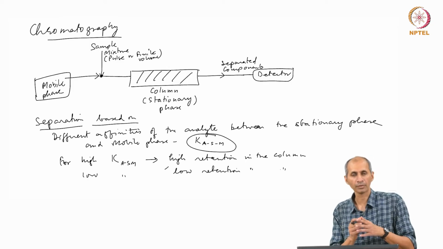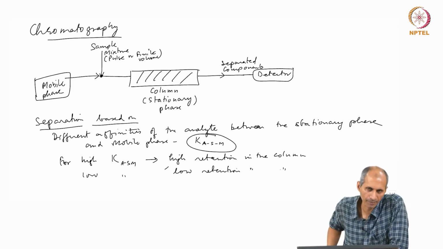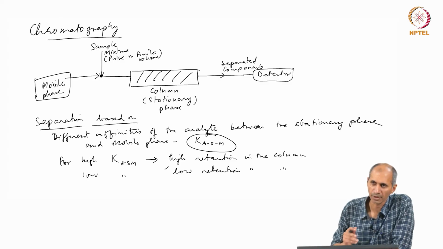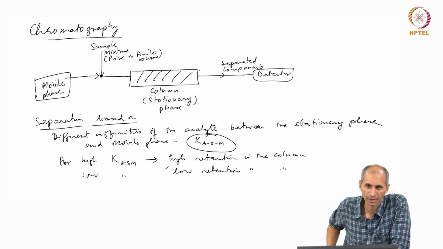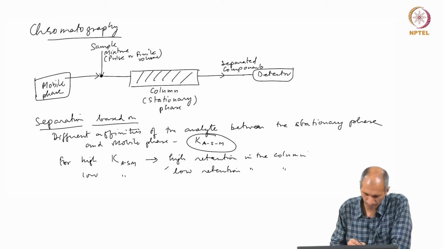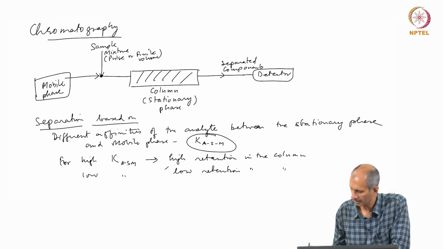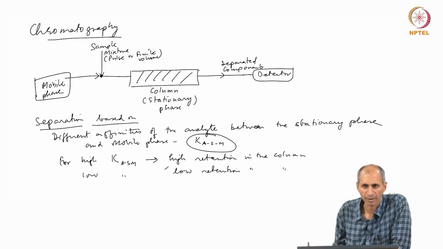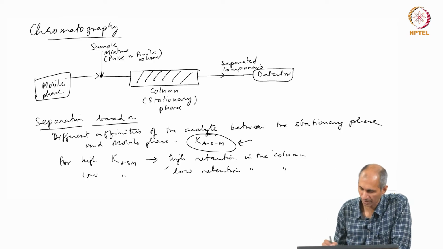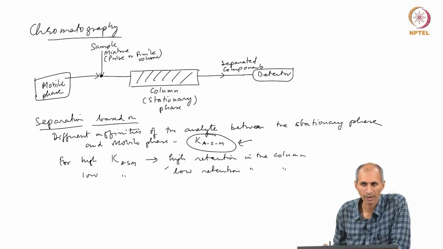Which means if you are able to somehow manipulate the retention time in the column, you are possibly able to separate some of the components in the mixture. So, this is the way we manipulate the retention time. There are two factors that control separation. One is this retention, one is this partition constant.